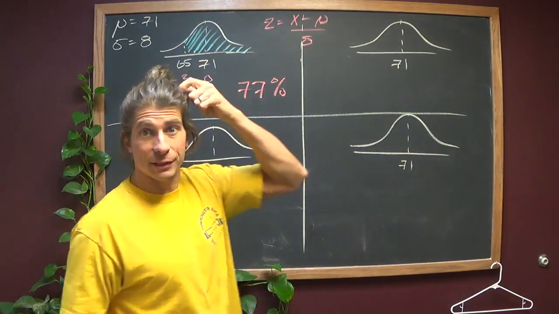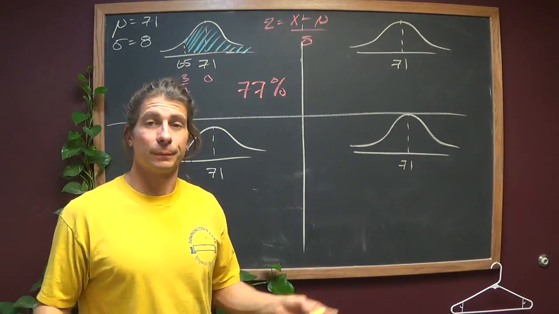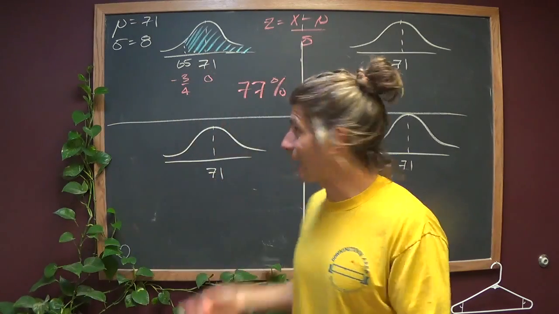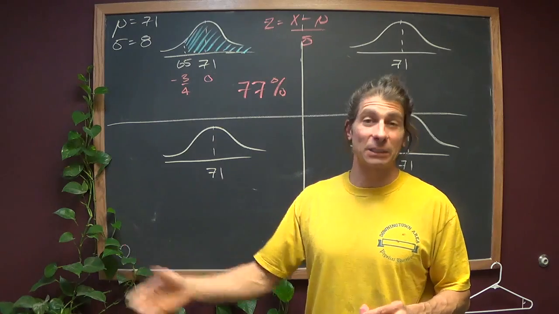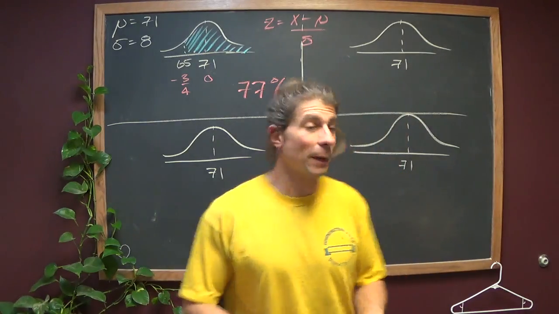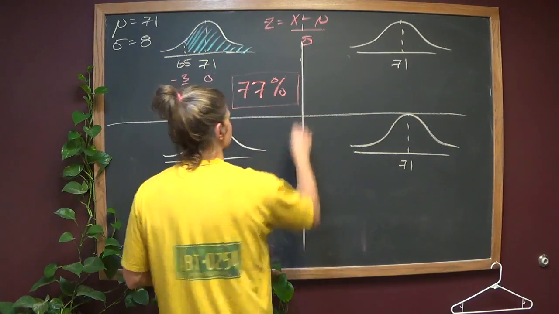So 3/4 of the cars are exceeding the speed limit, based on this data. I shouldn't say speeding, they're exceeding the speed limit. Whether or not that's considered speeding is up for discussion. So there's your solution to the first one, 77%.